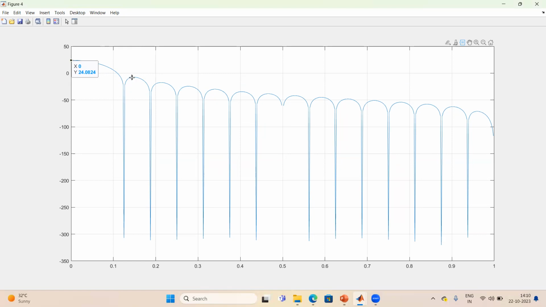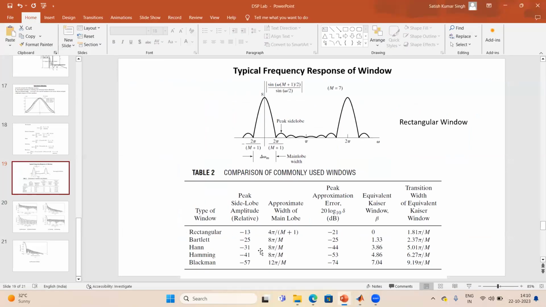At this point, you can see the magnitude is around minus 7.5 dB. So there it was 24, and here it is minus 7.5. So it is almost 31 dB lower, minus 31 dB with respect to this particular point. You can also observe this from the table. It is minus 31 dB, relatively, from its peak value.